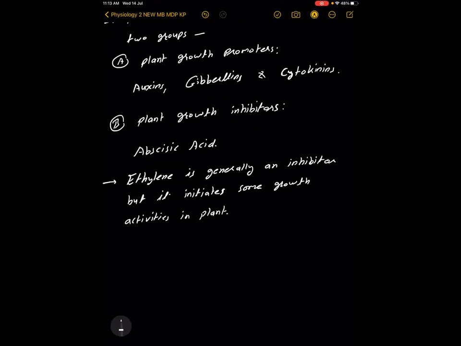So there are two different categories, promoters and inhibitors.